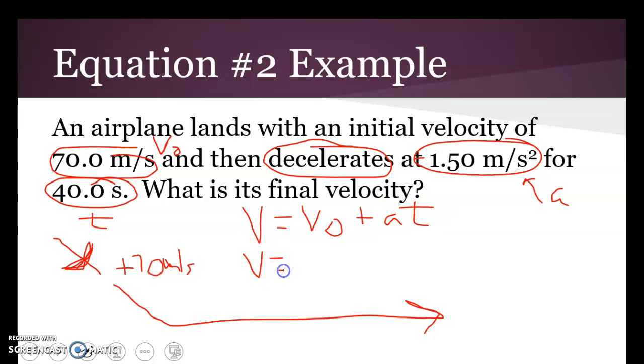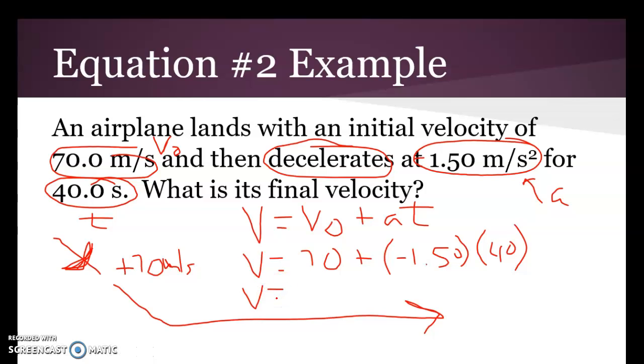So v is equal to 70 plus negative 1.50 times time of 40 seconds. And we'll do the math, and I see that I got 70 minus, because that's a negative sign, 60 is equal to my final velocity, which turns out to be 10 meters per second.